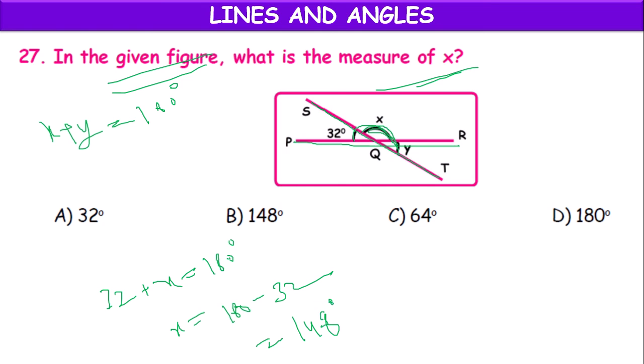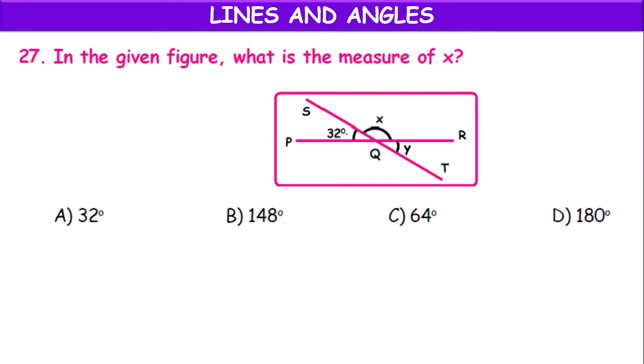If you substitute 148 degrees here, then Y will be equal to 32 degrees. Or, if this is 32, the vertically opposite angle will also be 32, and this will be 148. They are asking for the X value. It is 148 degrees.